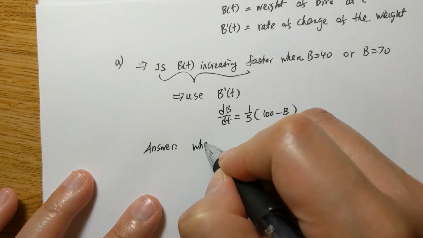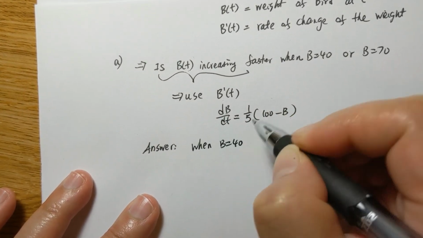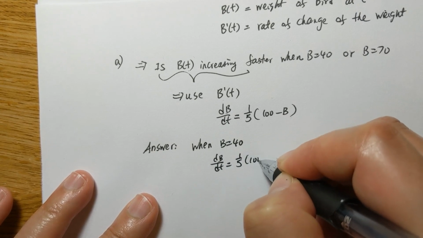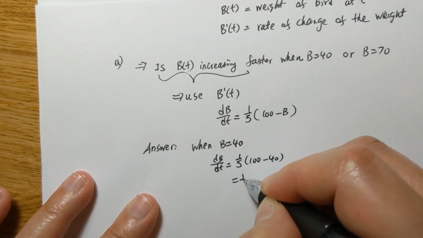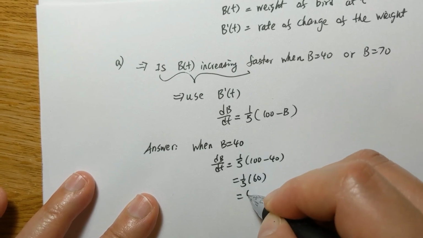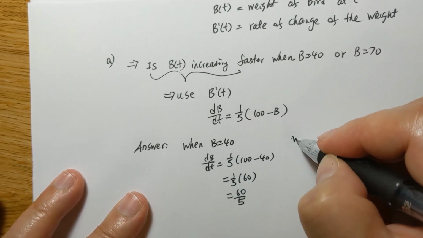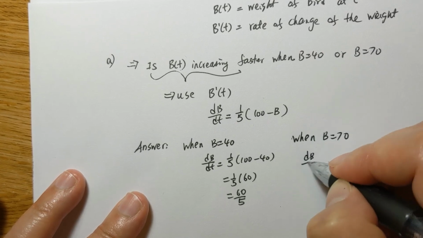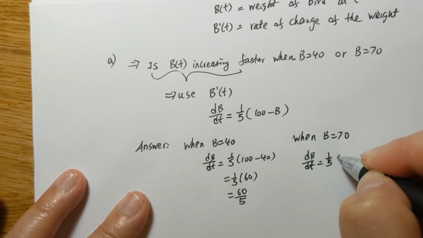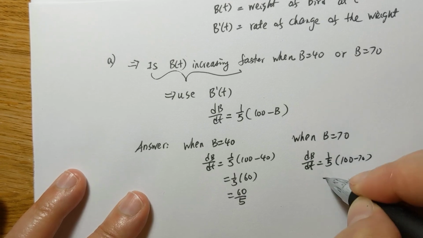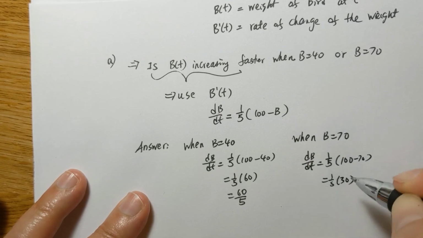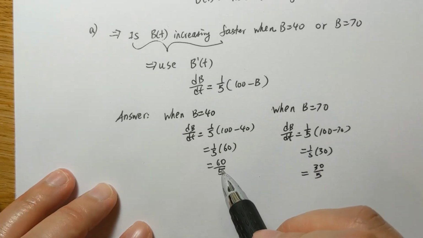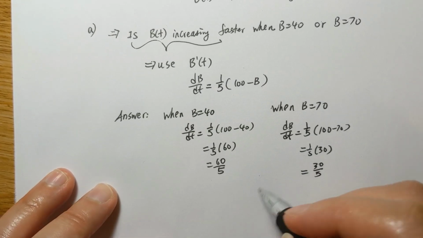So when B equals 40, we're going to calculate. So we compare, and definitely 60/5 is bigger than 30/5.